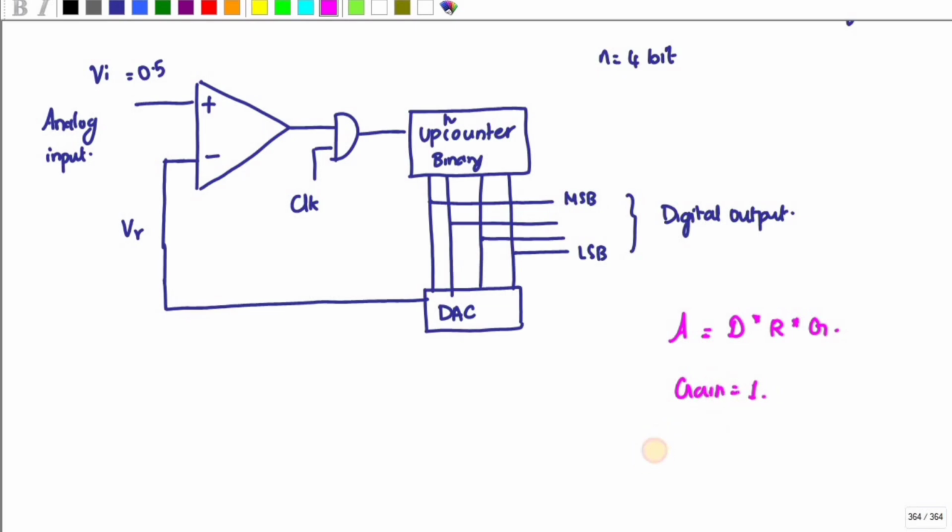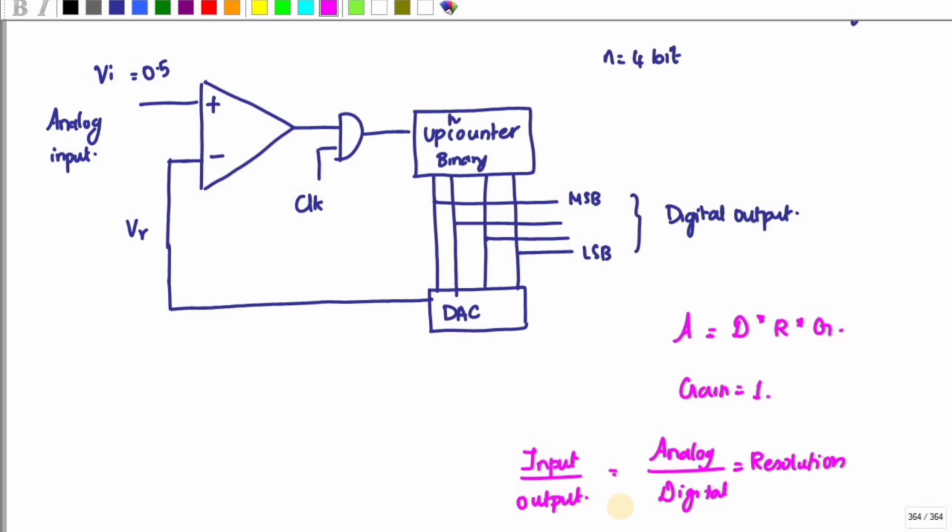So I can write analog by digital is equal to resolution. What is my analog? It is nothing but the input. So input by digital value, which is my output. So the resolution is equal to input by output.